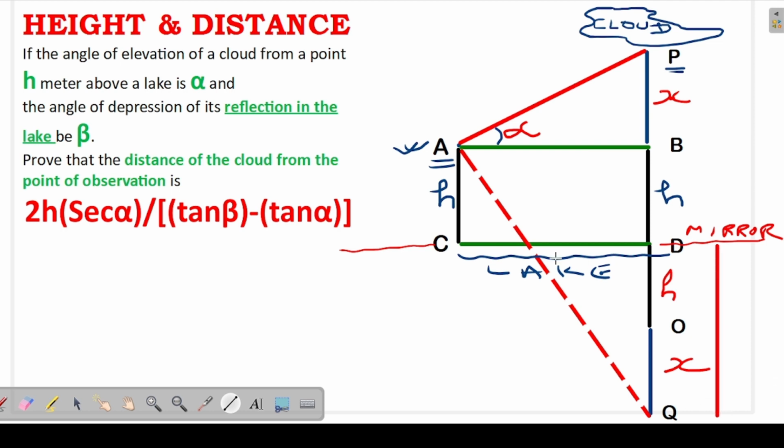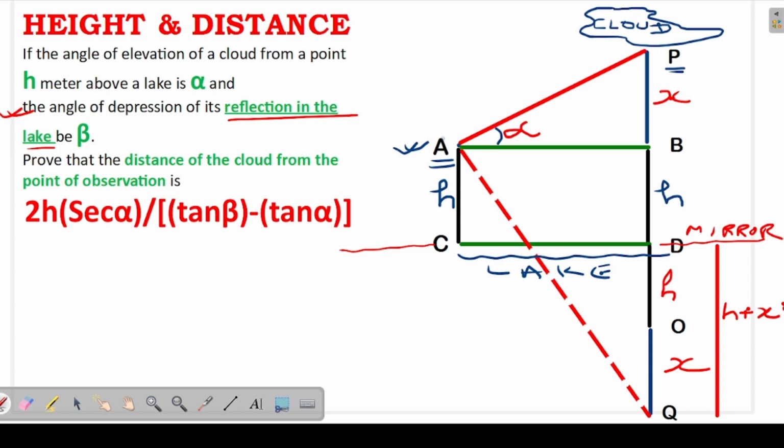So this distance, D to Q, what is it? The length of this will be equal to h plus x. So the second point which we have left here is the angle of depression of its reflection in the lake being beta.